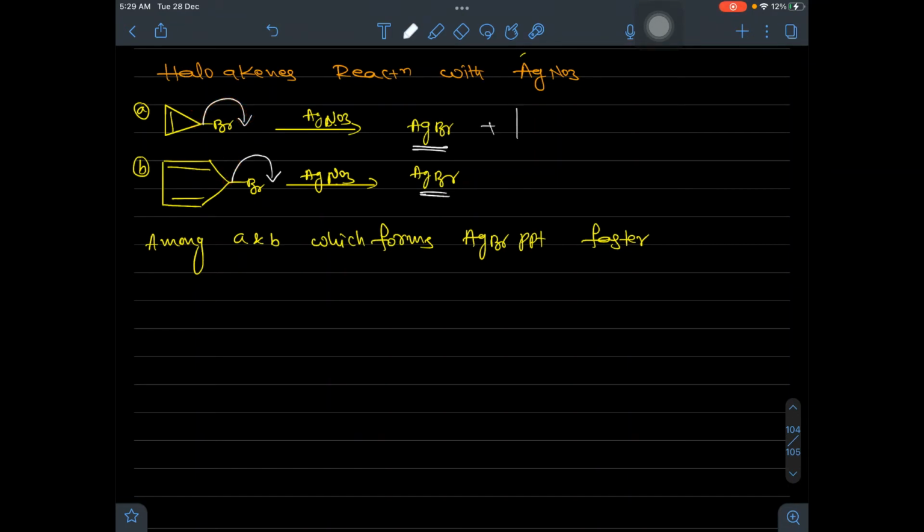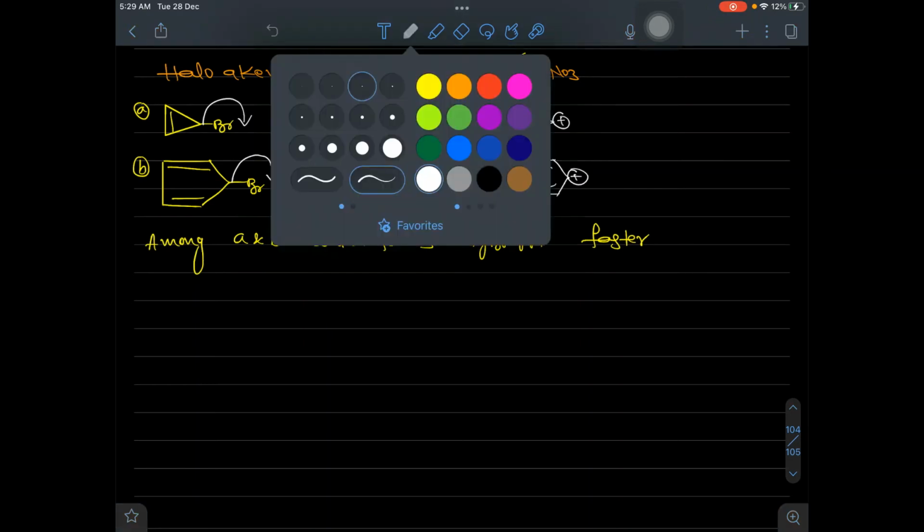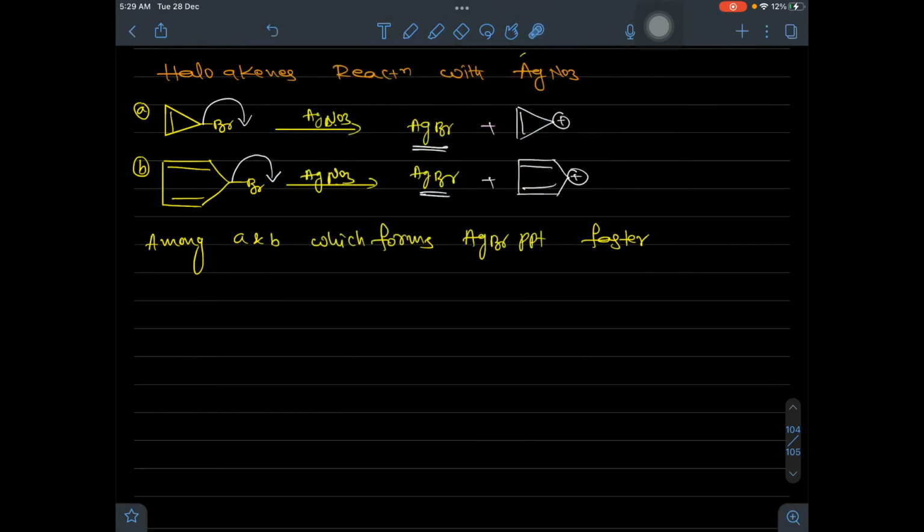So here, the cyclopropene cation is possible, and the cyclopentadiene cation is this one. Now among these two cations, this one is going to become aromatic by having 2 pi electrons, and this one is anti-aromatic by having 4 pi electrons.